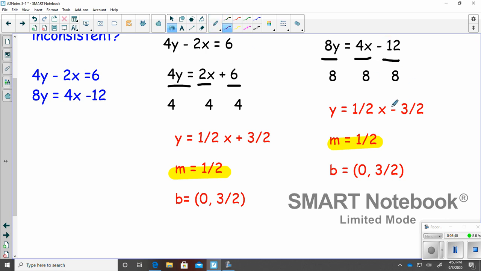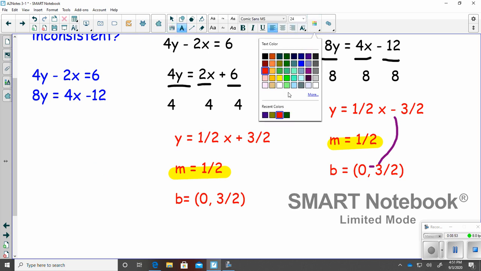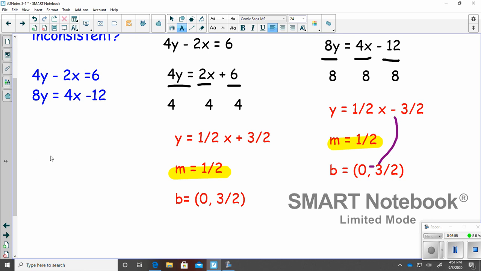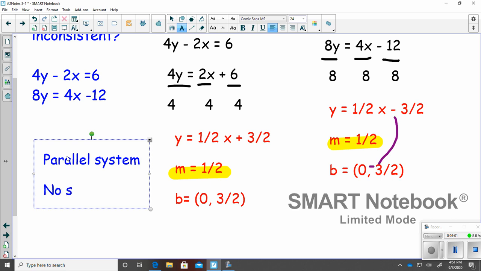I noticed that I forgot to bring that negative down, so we're going to attach that there. The b's are different though, so they start in different places. So that means that this problem, without graphing it, I can just make the call that this is definitely parallel. That's just like the last problem. So it would be inconsistent.